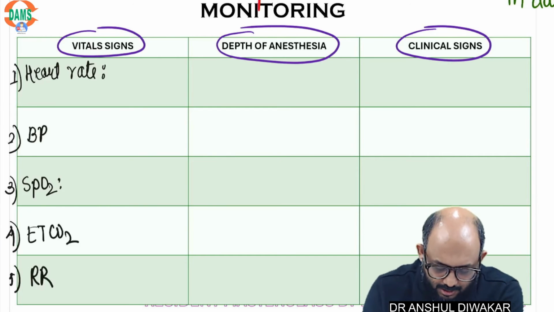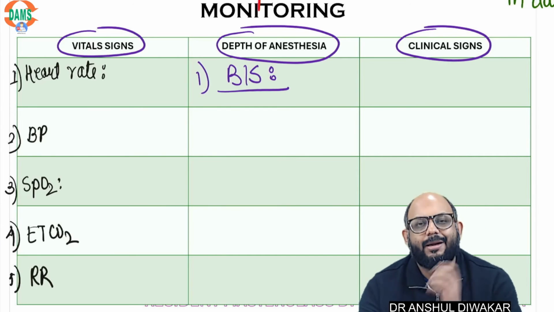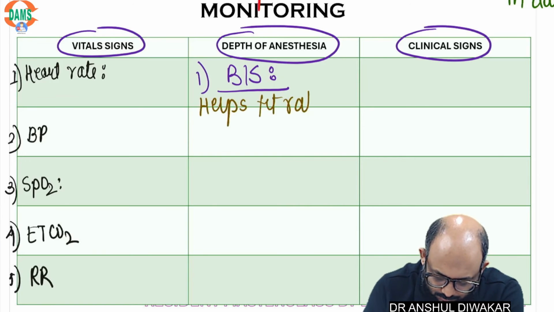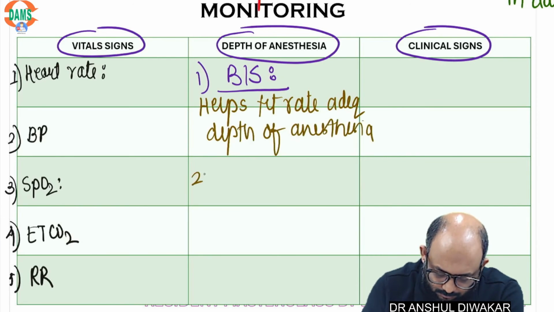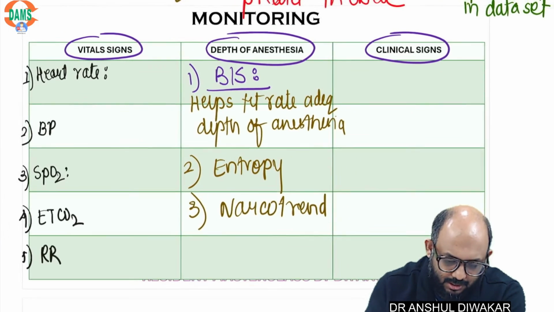Then depth of anesthesia, you use BIS, which is the most commonly used depth of anesthesia monitor, and it helps titrate the adequate depth of anesthesia. You can use entropy, which is also a depth of anesthesia monitor, and something called Narcotrend, which is also a depth of anesthesia monitor.